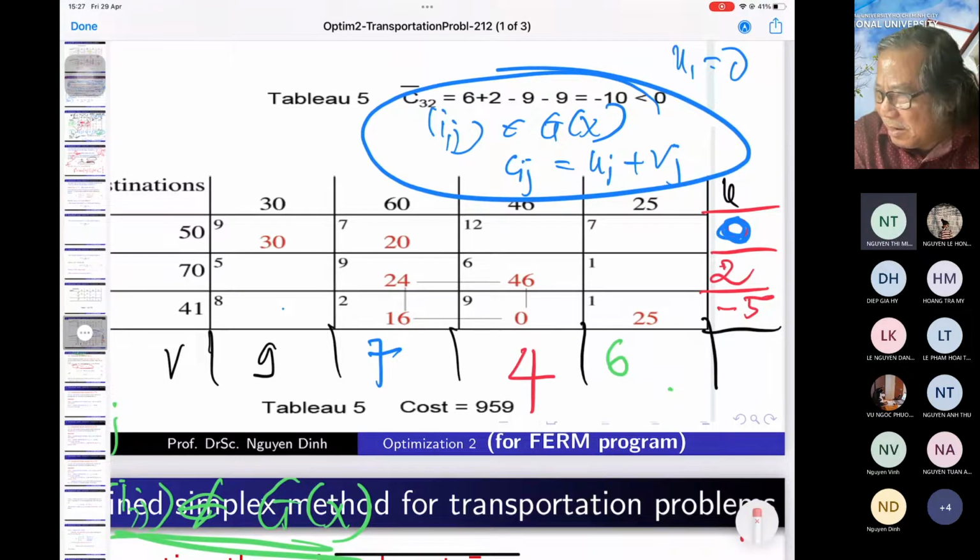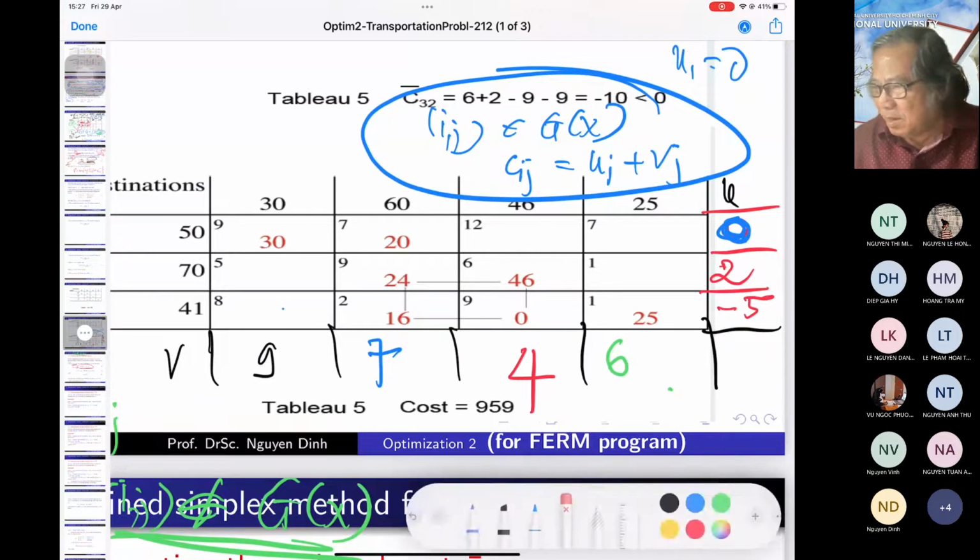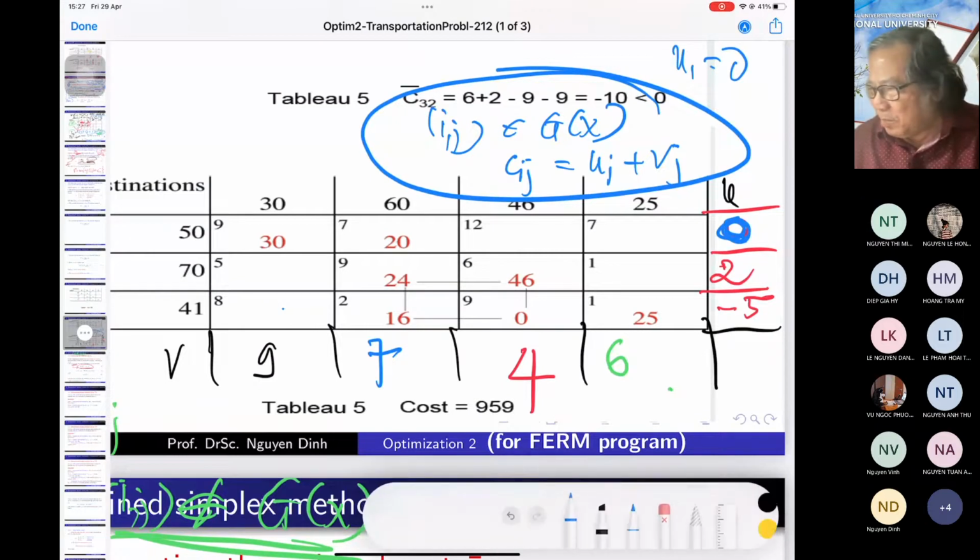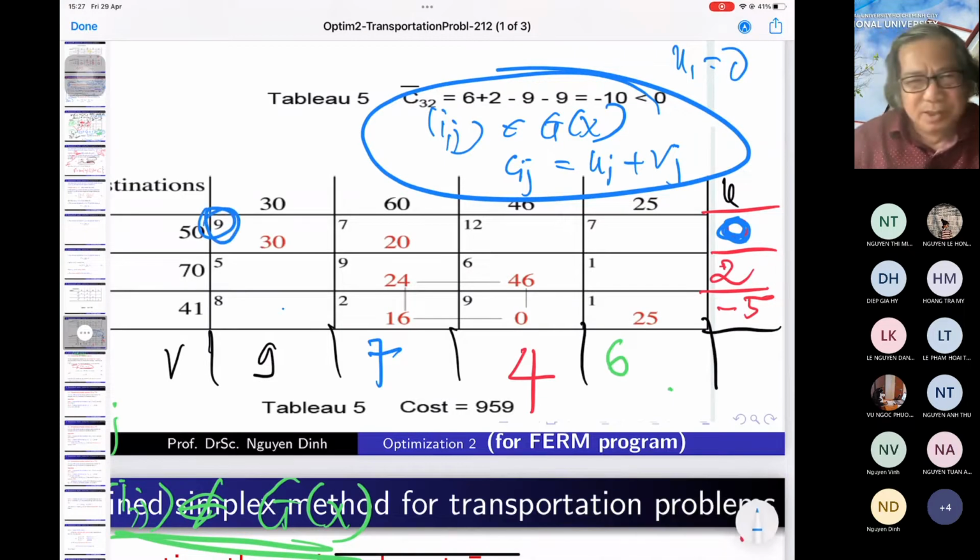We will have the C11 specific not equals 0. Now here you see C11 is 9. I don't understand what you are saying. C11 is 9. So why do you say C11 is 0? No. Cij minus ui minus vj equals 0. I forgot to say about ui. No.